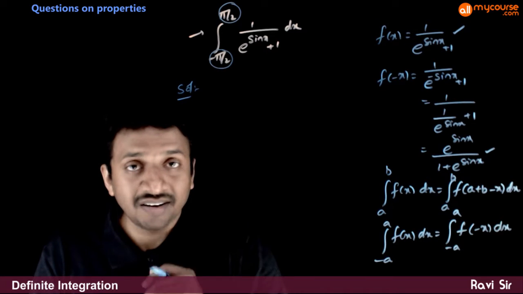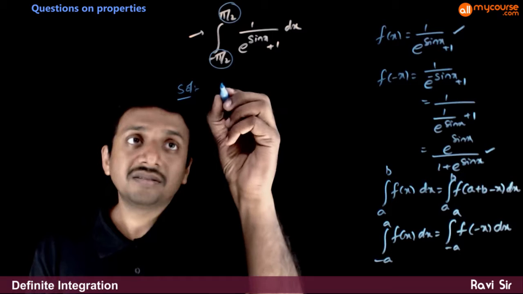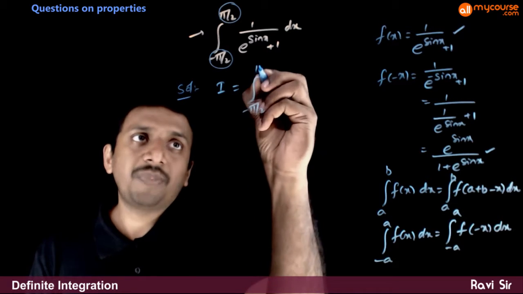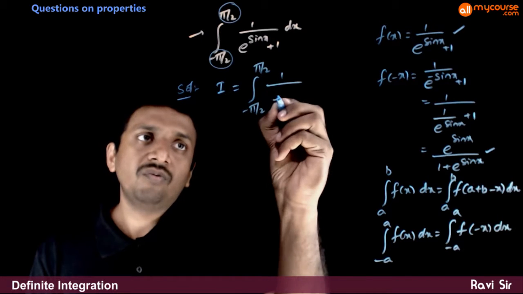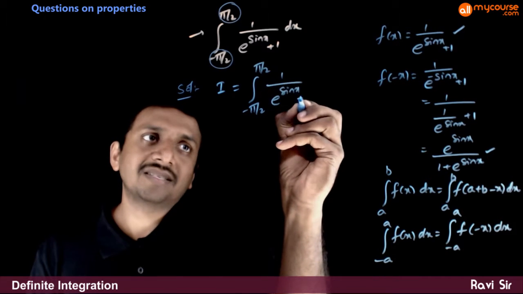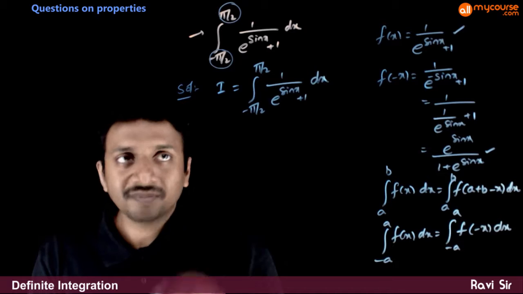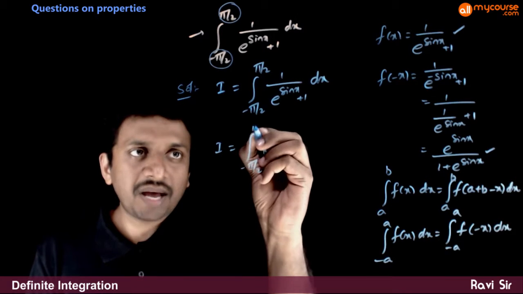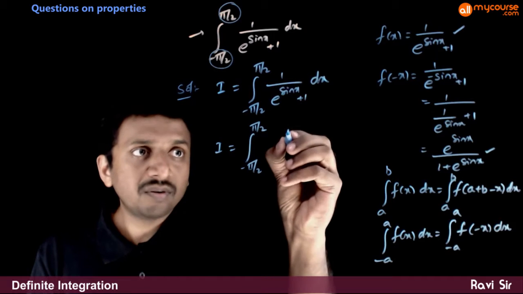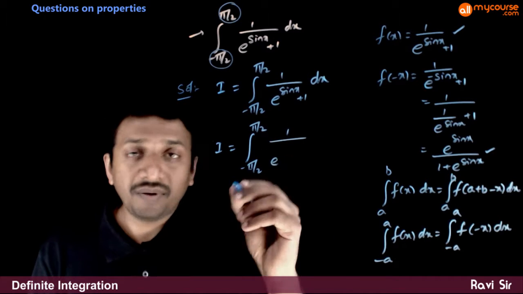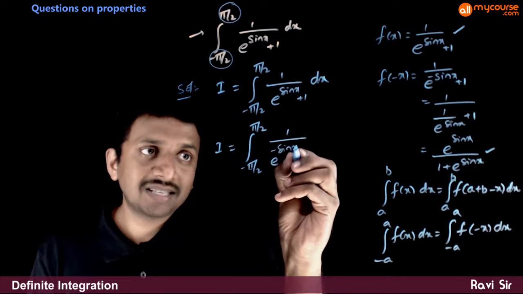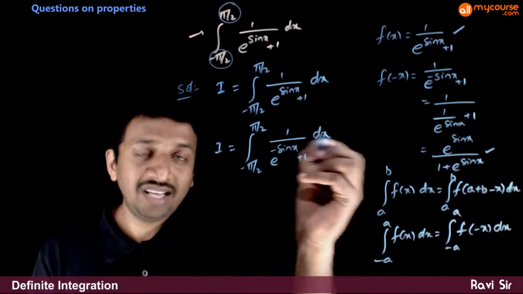I hope you are understanding this. So how we use this is, let I be equal to integration minus pi by 2 to pi by 2 of 1 by e power sin x plus 1 dx. This I is also equal to integration minus pi by 2 to pi by 2 of 1 by e power sin of minus x, which is minus sin x, plus 1 dx.